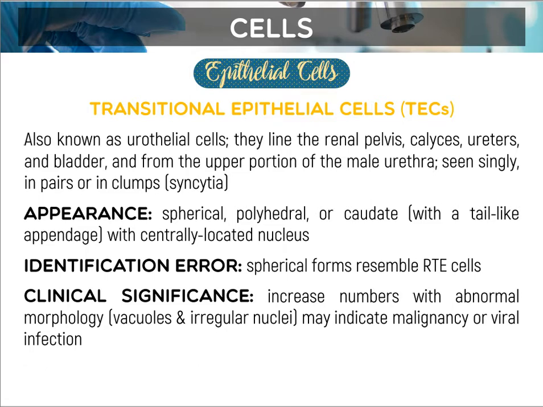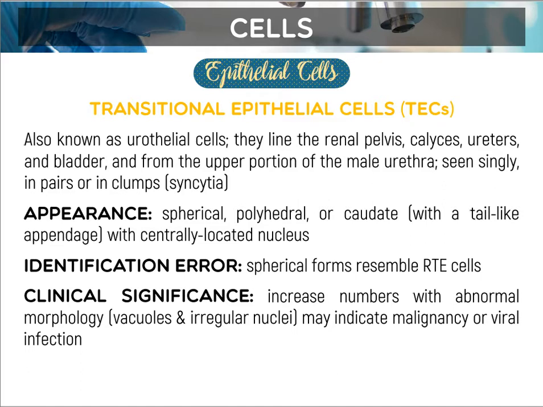They are usually identified using the high power objective and reported as rare, few, moderate, many. For identification error, the spherical forms resemble RTE cells, or renal tubular epithelial cells. Its clinical significance: increased numbers with abnormal morphology may indicate malignancy or viral infection.